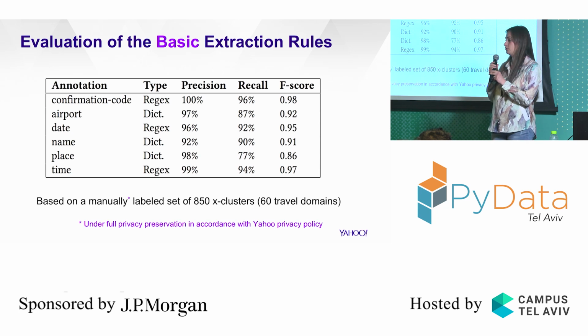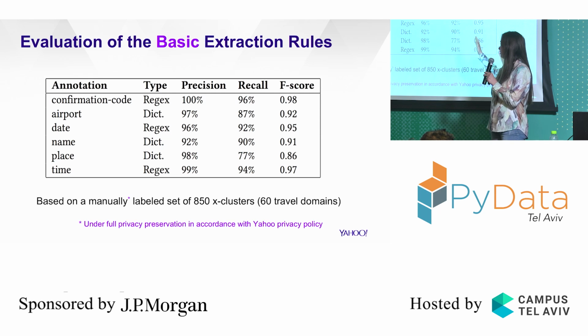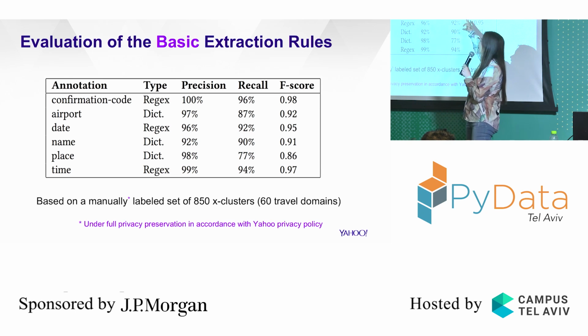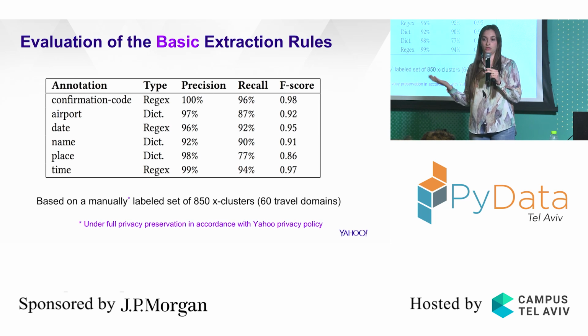We see that the first step, the basic rule, reaches very high precision and recall results. Most of them are above 90%. In recall we could improve, and mainly, given the examples we saw, it's by increasing the dictionary. By adding more values to the dictionary, we will increase our recall.